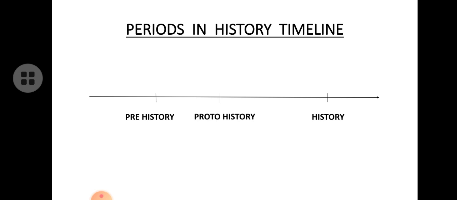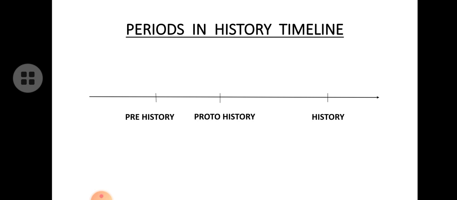And finally, the third one is the historic period. What is the historic period? In this period, man is well civilized and there are written records available. Man learnt writing and everything was written and recorded in history.